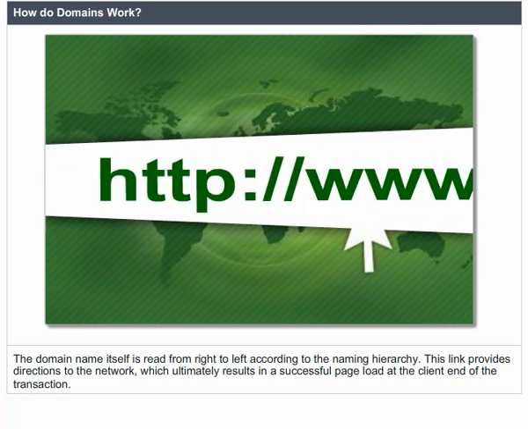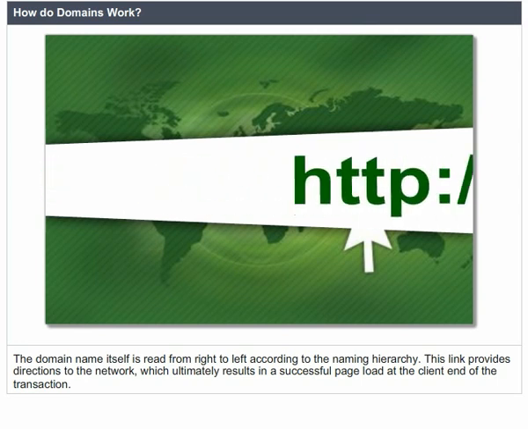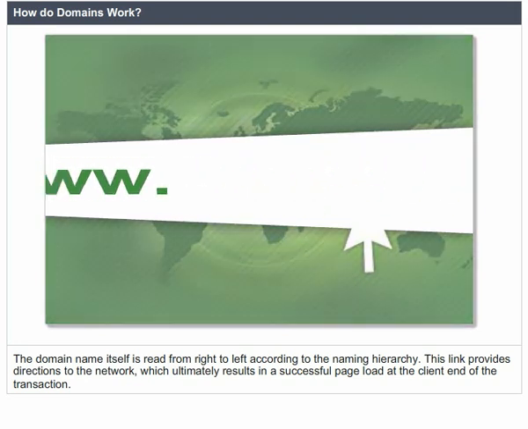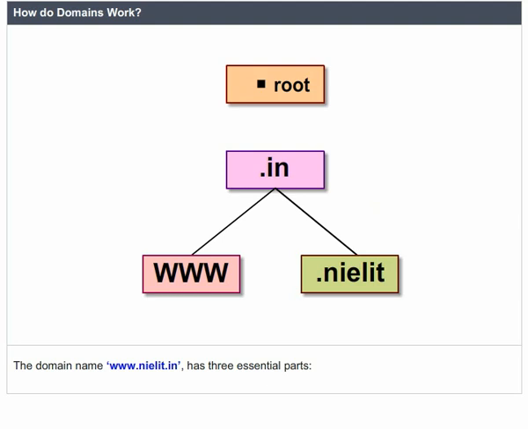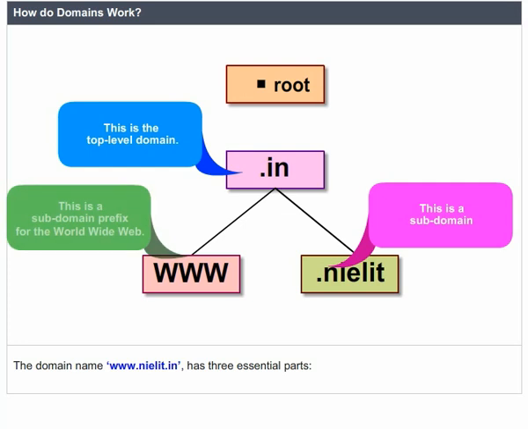This link provides directions to the network, which ultimately results in a successful page load at the client end of the transaction. The domain name www.noilits.in has three essential parts. .in. This is the top level domain. .noilits. This is a subdomain. www. This is a subdomain prefix for the World Wide Web.